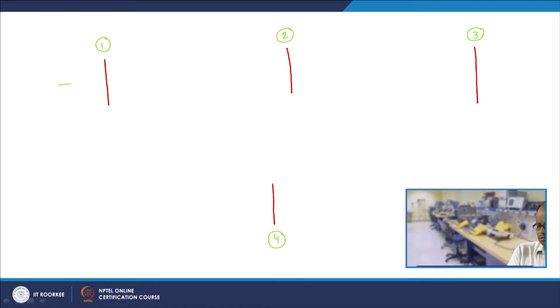Bus 1 has got current as I1 ABC, and we have already defined what is I1 ABC. Bus 2 has an injected current I2 ABC. Bus 3 also has an injected current I3 ABC.